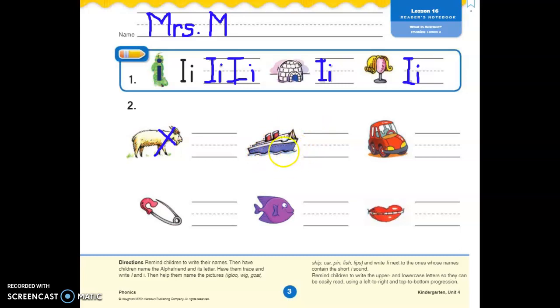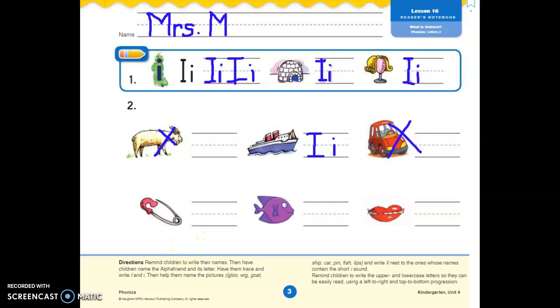Do you hear the I sound? Yes, we do. Let's write a capital I and a lowercase I next to that picture. Line down and dot it. Next, I see a car. Does car have the I sound? It does not. So we will put an X on it and not put an I.